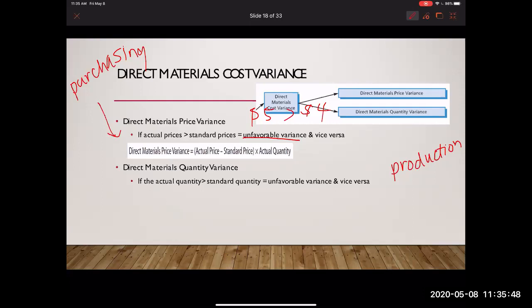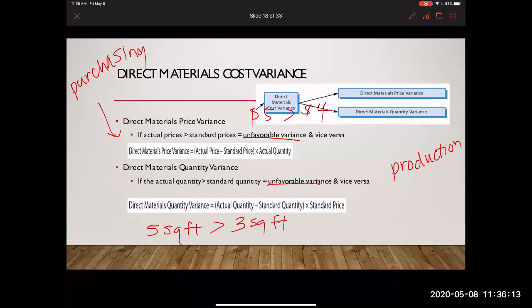Meaning, hey, you actually use 5 square feet, but you're supposed to use 3 square feet, right? So as a result, you're going to have an unfavorable variance because the standard called for less material. Okay, so here's our formula when figuring out the direct materials quantity variance. It's actual quantity less my standard quantity times my standard price. Okay, all right, moving on.